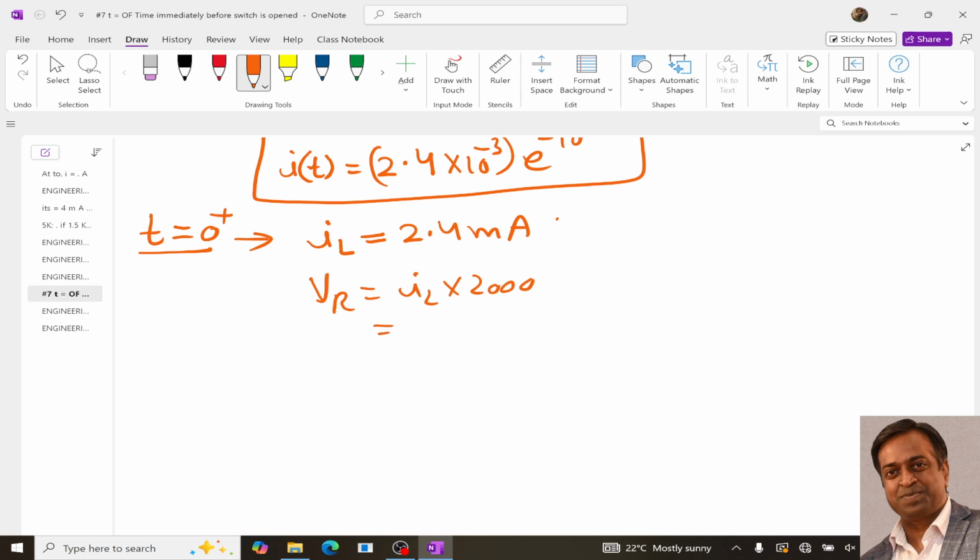IL is 2.4 milliampere, so 10 power minus 3 because it is milliampere, into 2000. So it is 4.8 volts.